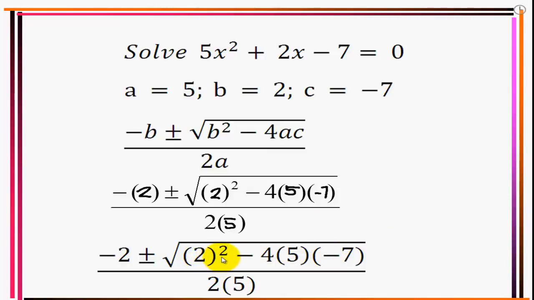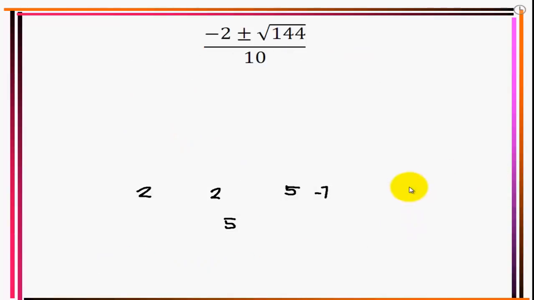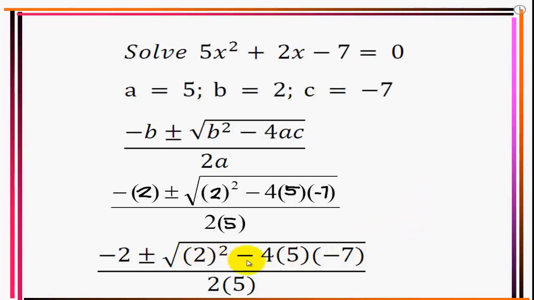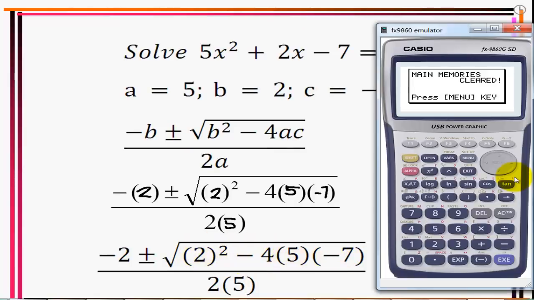So 2 squared is 4. Then we just have to multiply 4 by 5 by negative 7. So we are going to get 144 inside the square root. Let's show how to get 144.